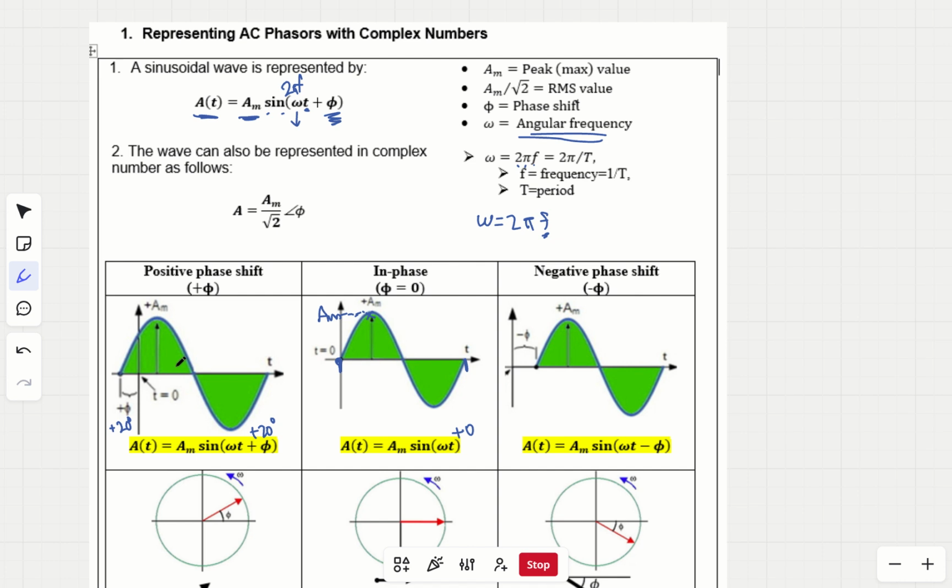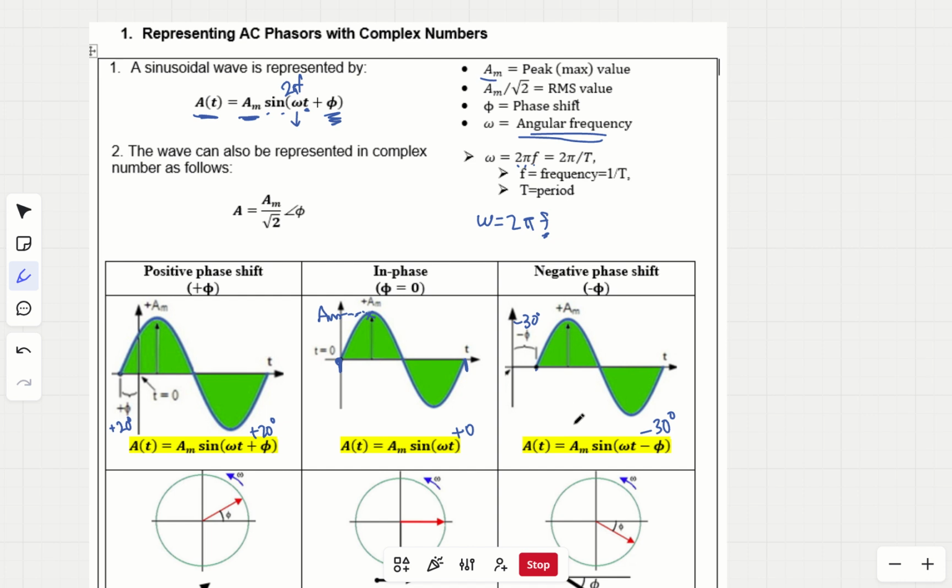If the wave is shifted to the right, it starts later than this, then we call this a negative phase shift. So this one will have a negative angle. Let's say this is negative 30, then this is minus 30 degrees.